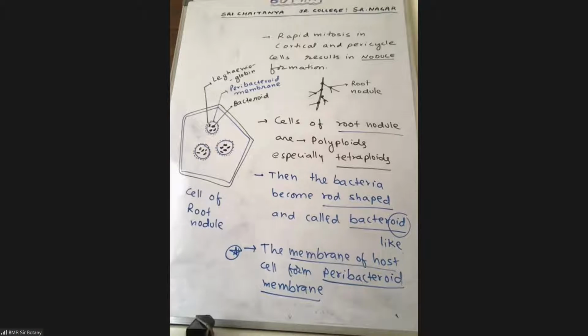It is otherwise called metabolic compartmentation. Why? Host cells, are they aerobes or anaerobes? Aerobes. Host cells live aerobically, but bacteria should live as anaerobes. See how the compartmentation is being done. So these rod-shaped bacteria live as anaerobes, and nitrogen fixation is carried out by them.